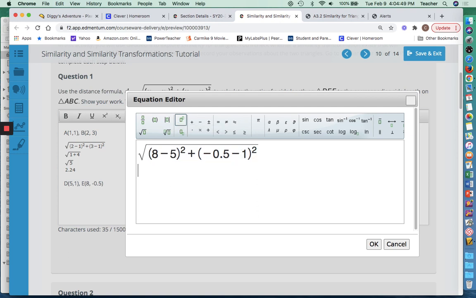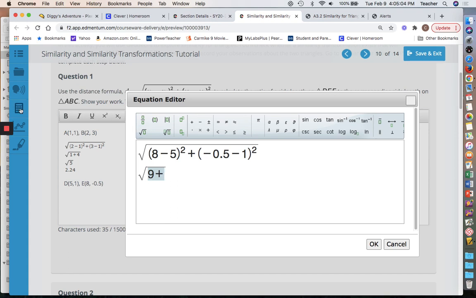All right, so 8 minus 5 is a 3. 3 squared is 9. And negative 0.5 minus 1 is negative 1 and a half.